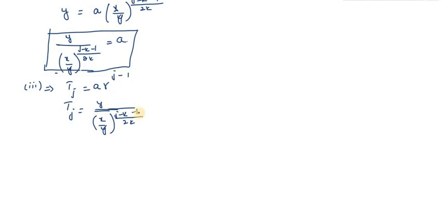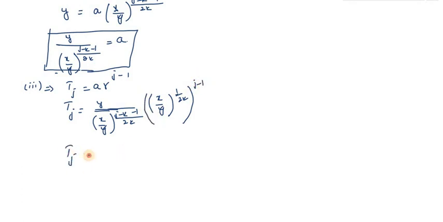And the value of r is x upon y to the power 1 upon 2k, and the power is already j minus 1.